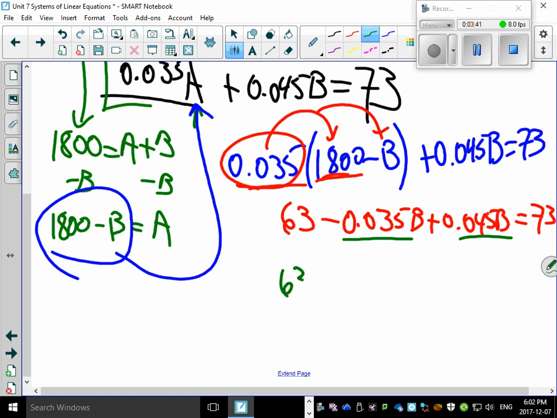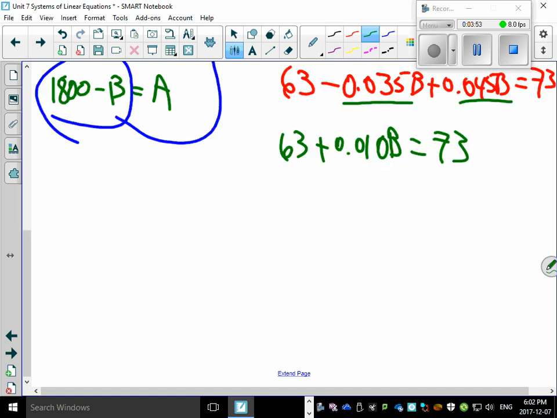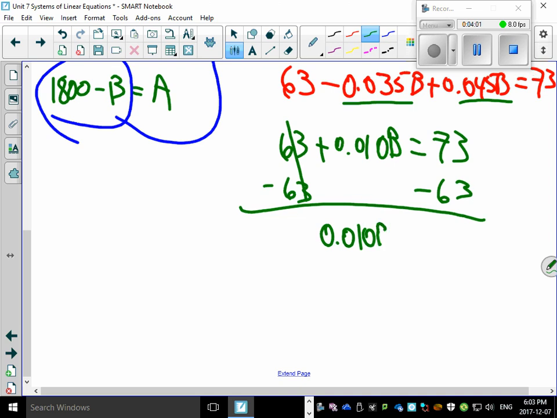This works out to be a positive 0.010B equals 73. And these are now starting to give you some really nice numbers. Subtract the 63 from both sides, that cancels, leaving you 0.010B equals a whole 10.